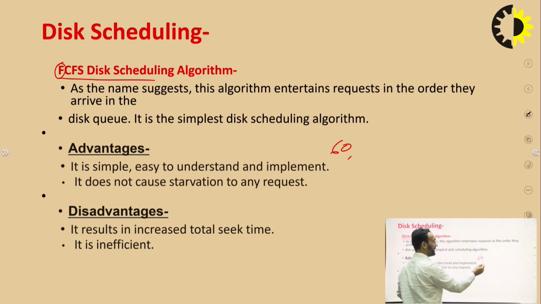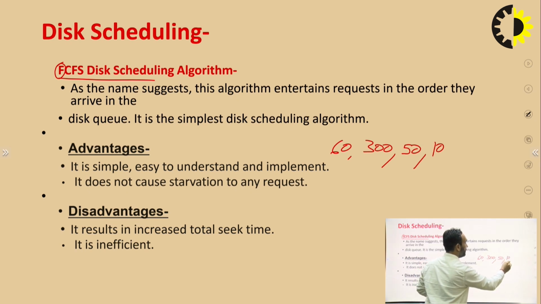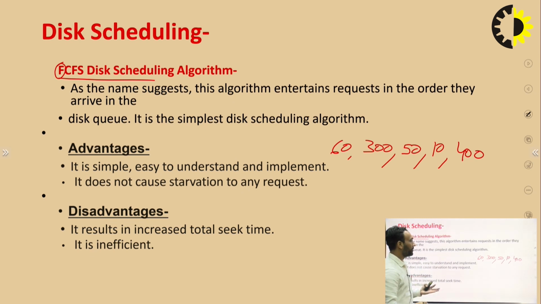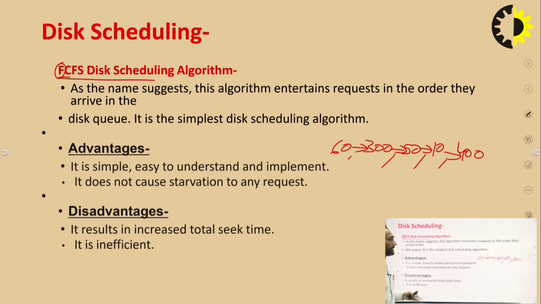For example, the first head location is 60, next is 300, next 50, 10, 400. In this method there is no special mechanism used. As the name defines, the FCFS mechanism is used: the head will move from 60 to 300, 300 to 50, 50 to 10 and then again to 400.